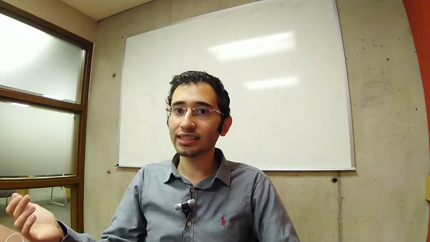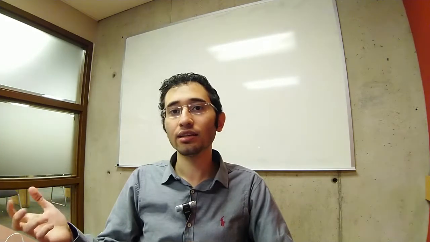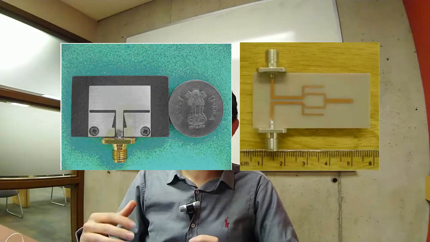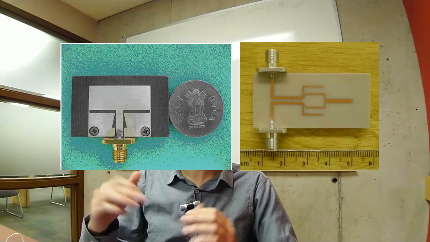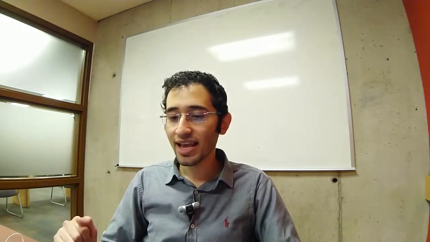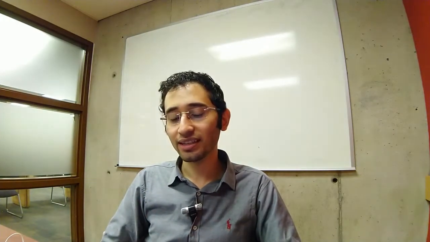And the other thing is that sometimes you see a coin or a ruler near the fabricated prototype in the paper. That's because they want to show the scale of the prototype that they fabricated compared to the ruler or the coin. Sometimes they put a pen. It depends on the author, but I think the ruler is the very standard thing.